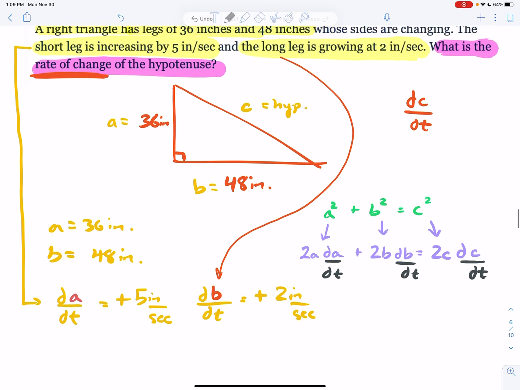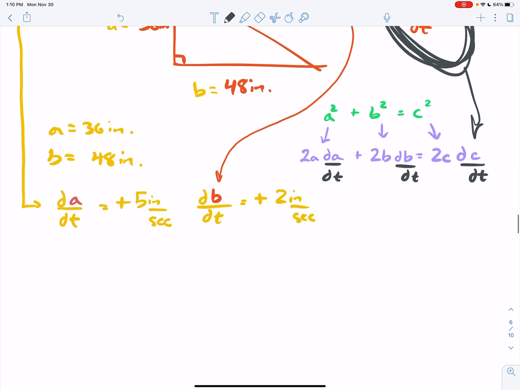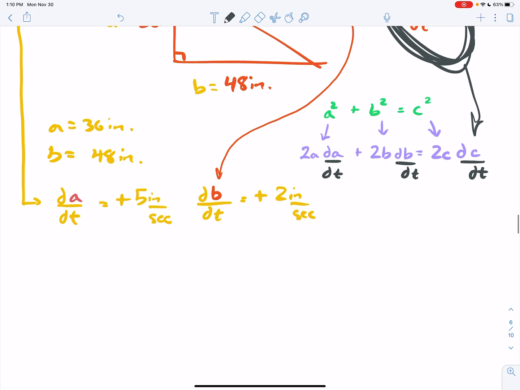Okay, so there are two ways that we can handle this. Our job is to figure out what dC over dt is, and it's not isolated at the moment. So you could either isolate it now or isolate it later. Here's what we're going to do: I'm going to plug everything in first.